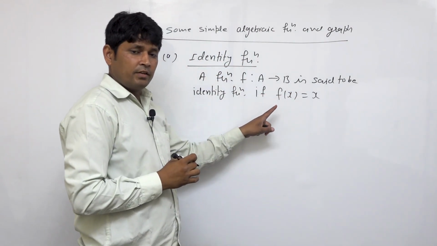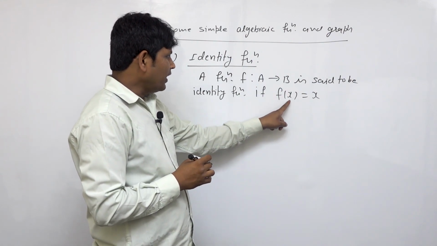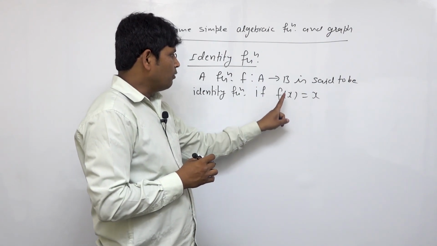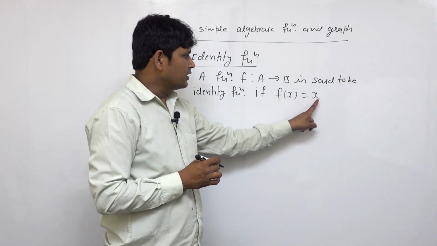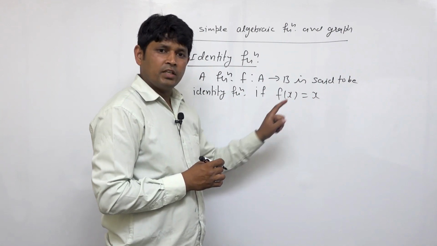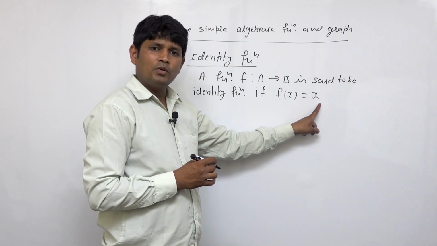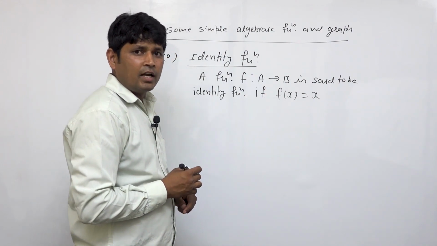That is why it is called identity function. So for any values of x, you will get the same result. If I will give the value 2, I will get the result 2. If 3, I will get the result 3. 4, I will get the result 4.